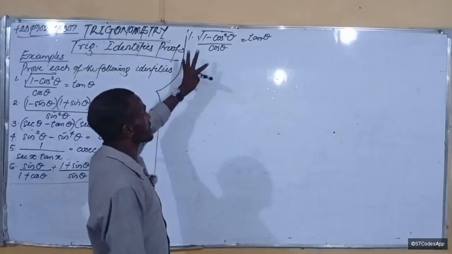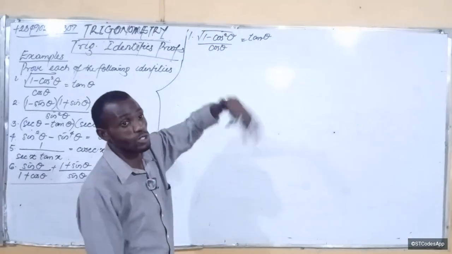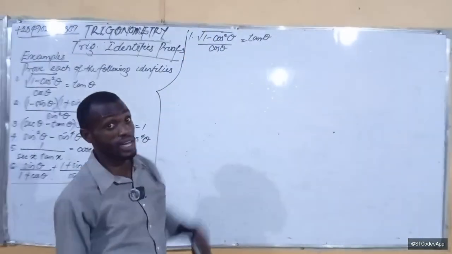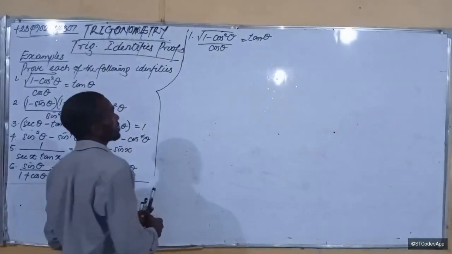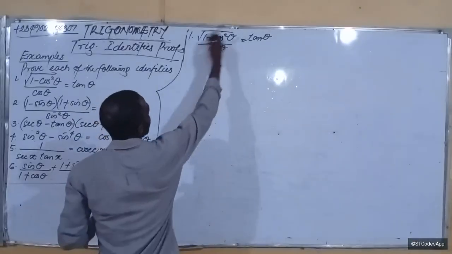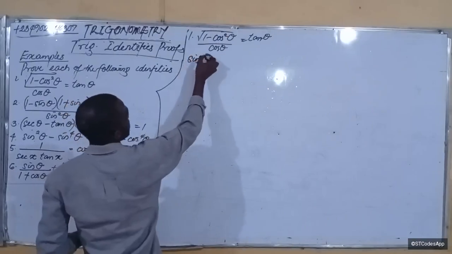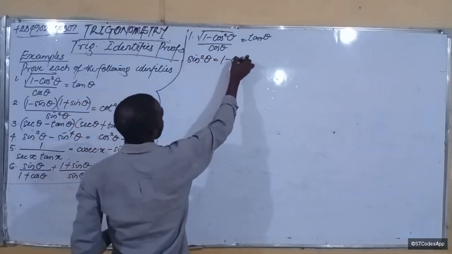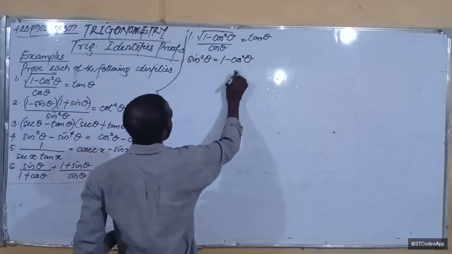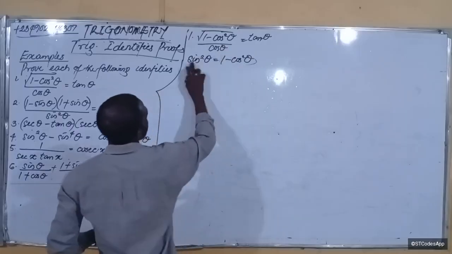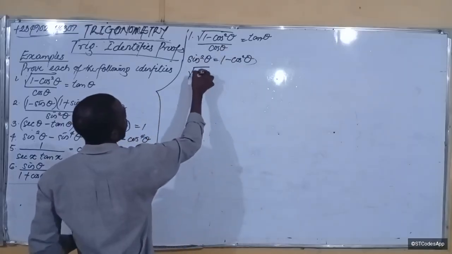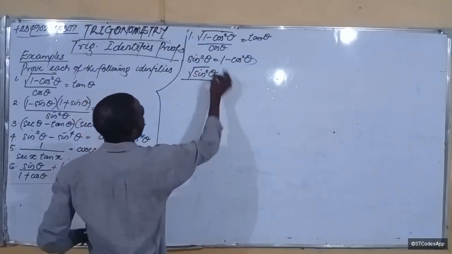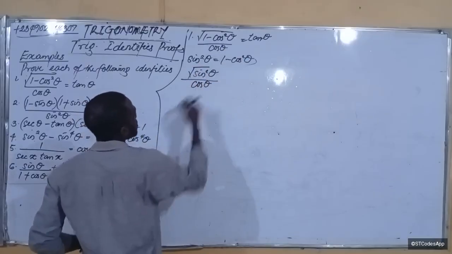It's harder to make the right equal to the left, and easier the other way. So we choose the complex one to break down and simplify. Remember that we found an identity that says sine squared theta is 1 minus cos squared theta. So I'll remove this and put this. That becomes root of sine squared theta over cos theta.